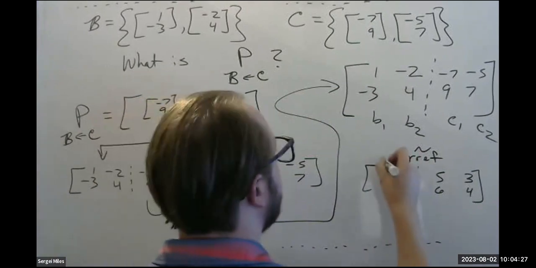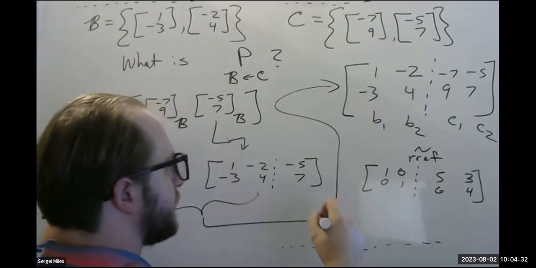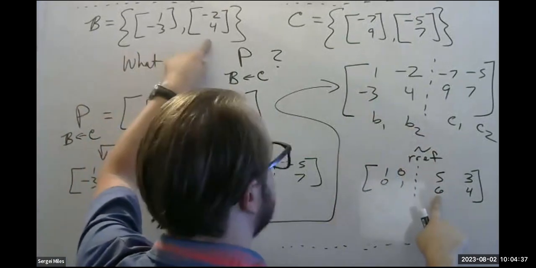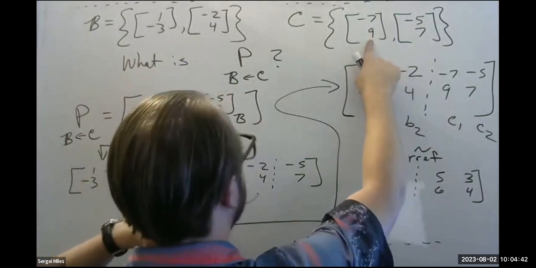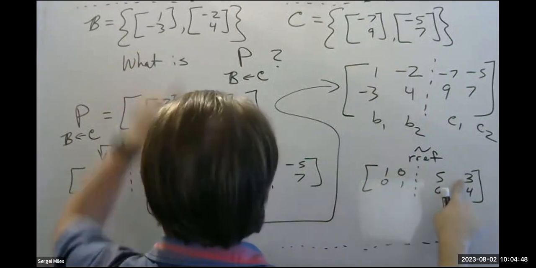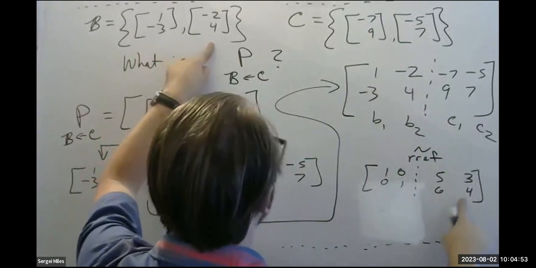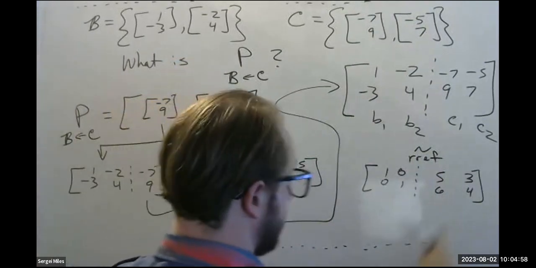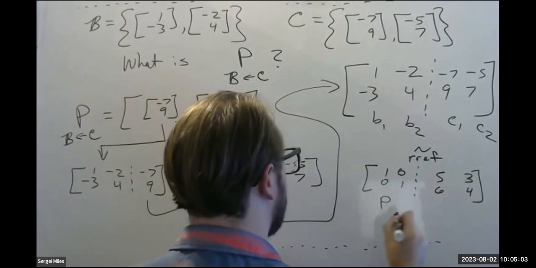This is telling us, if you're trying to find the different scalars, 5 times b1 plus 6 times b2 will give you the first column of C. And then this is saying 3 times the first column of B plus 4 times the second column of B will give you the second vector in C. In other words, this right here is the matrix we're looking for, right?